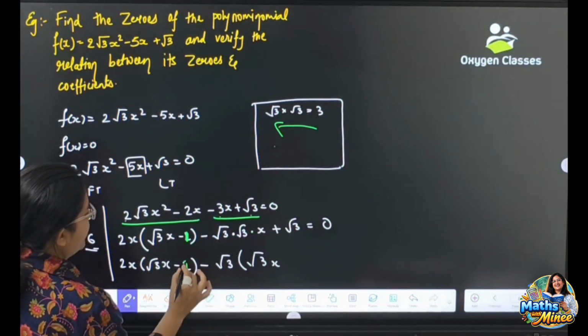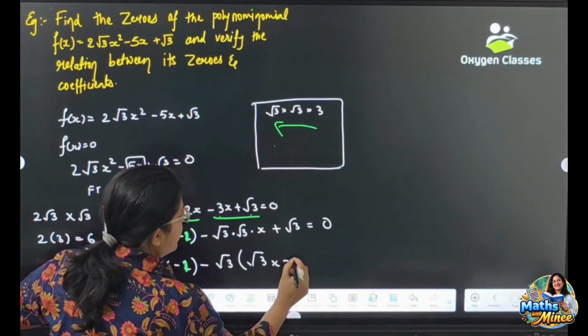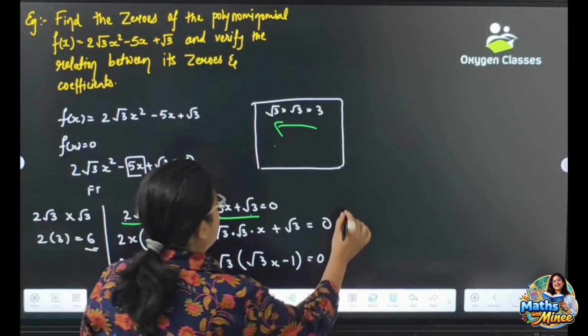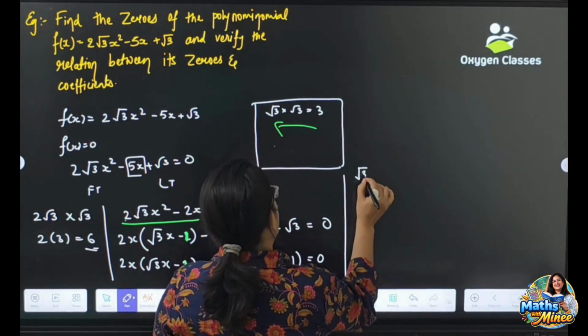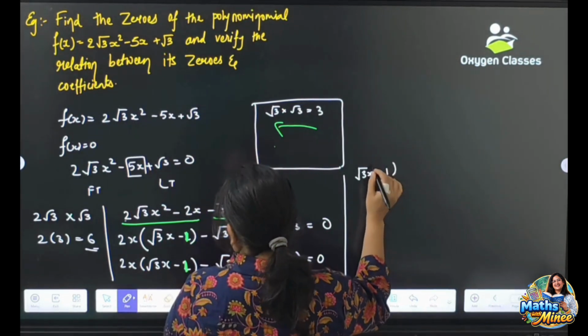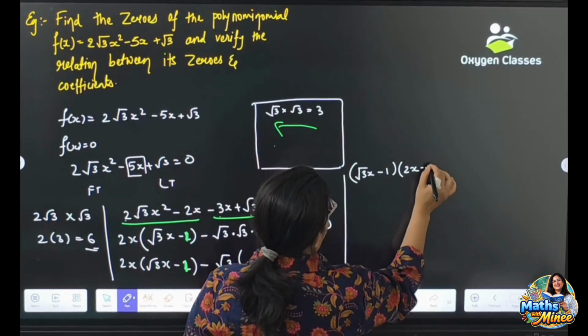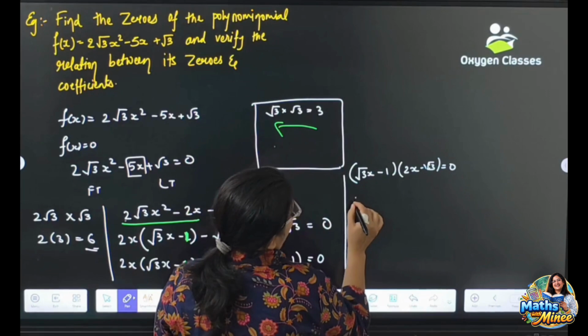Here also you will get 1. Similarly यहाँ पे भी आपको मिल जाएगा 1, right? So now we will have root 3x minus 1 and 2x minus root 3 is equal to 0.